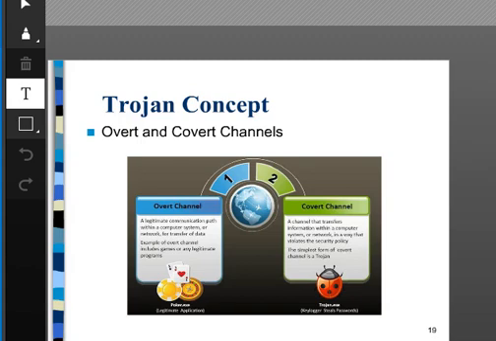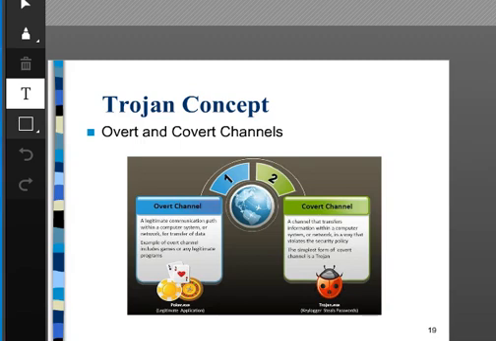We have another concept: overt and covert channels. But what does it mean? These two concepts. You may guess about covert channel. Overt channel is a natural way.